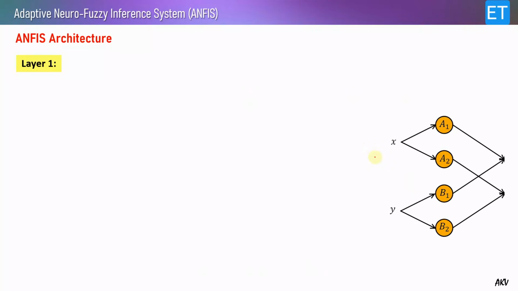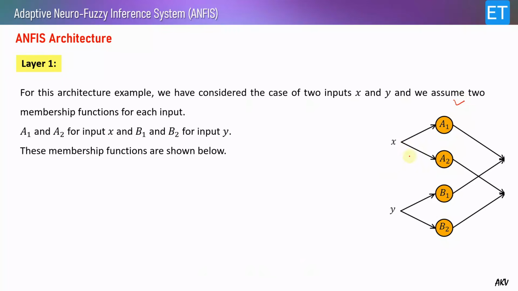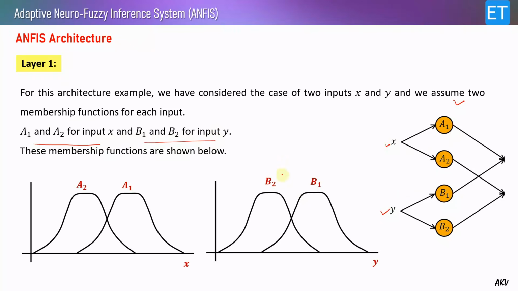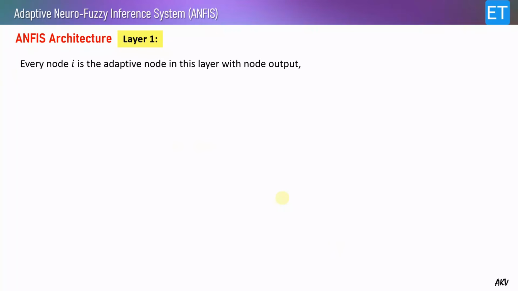So this is the part of the layer which we have just seen in the previous slide. As I said, for the 2 inputs X and Y, I have 2 membership functions A1 and A2 for X, B1 and B2 for Y. These are the Bell functions. Every node in this layer is adaptive and the output is given by these 2 equations.